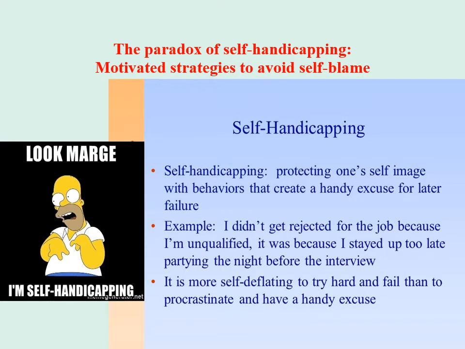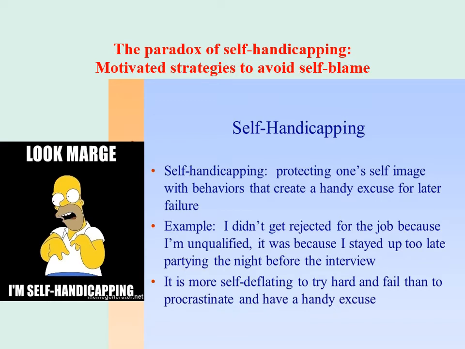The reason why people engage in those sorts of strategies is because it's more self-deflating to try hard and fail than it is to procrastinate or handicap yourself, but have a handy excuse for the failure.